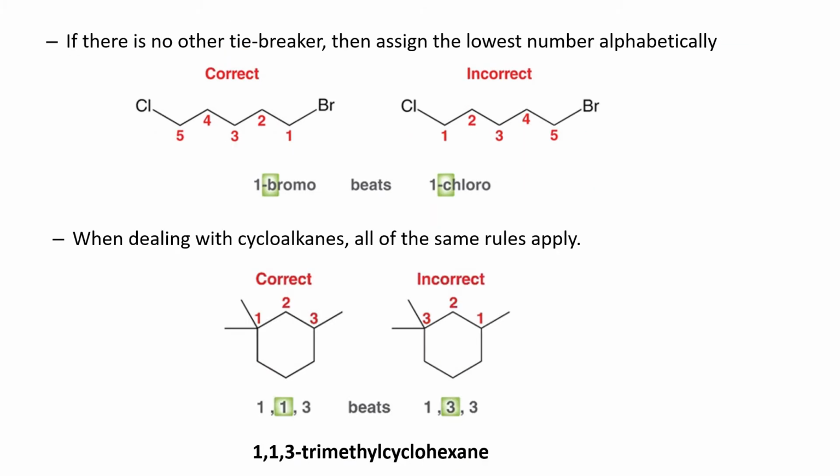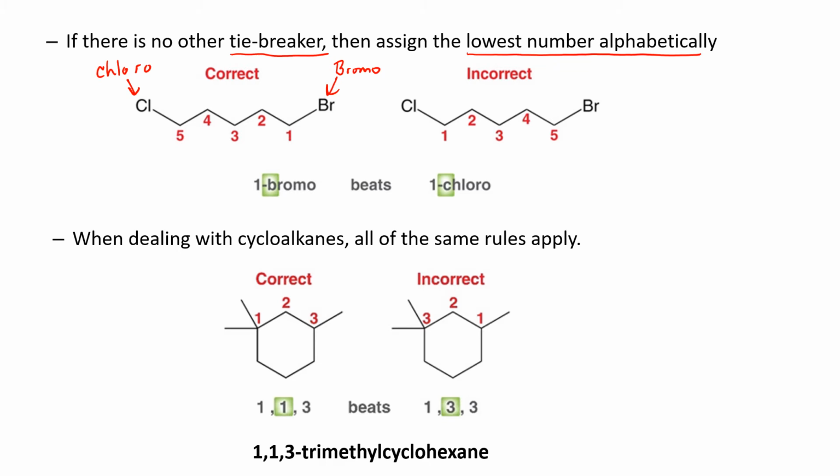If there's no other tiebreaker, we assign the lowest possible number to the substituents alphabetically. So for example, we've got a chloro group and a bromo group. We're going to learn more about naming alkyl halides later. But that's a chloro versus a bromo.